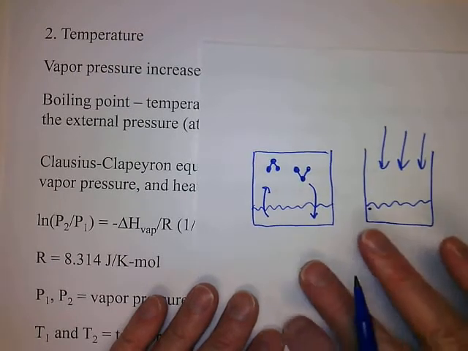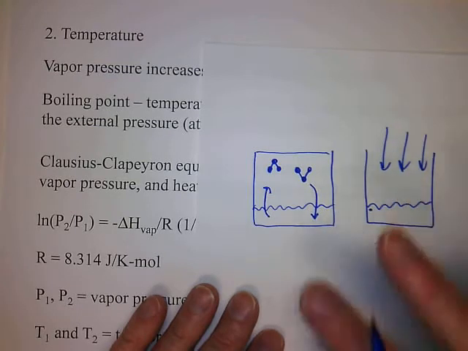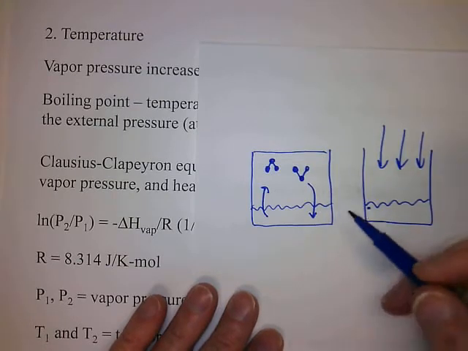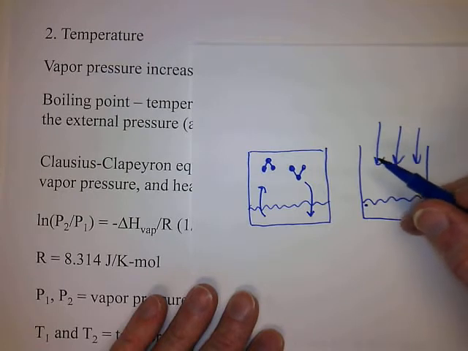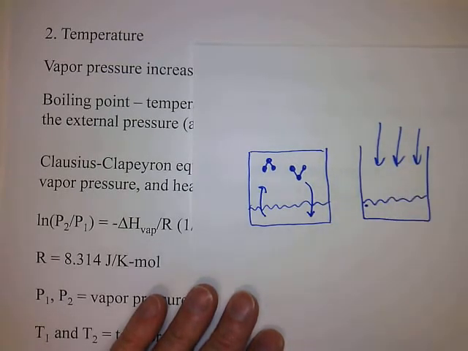How is a pressure cooker able to cook foods faster? It makes the water boil at a temperature over 100 Celsius because it's partially sealed and the pressure builds up inside. So now the pressure coming down on the surface of the liquid is greater than 1 atmosphere, so the water is going to boil over 100, right?